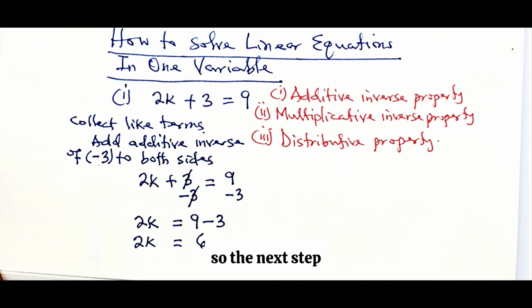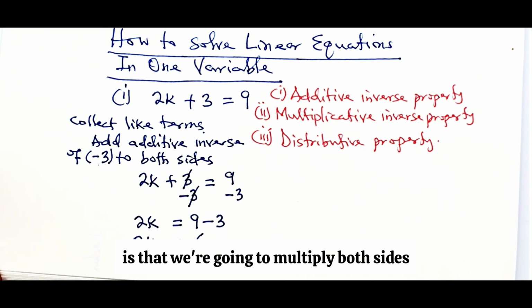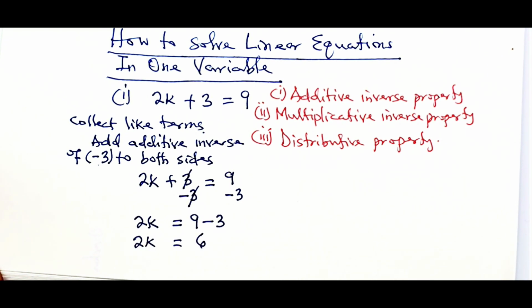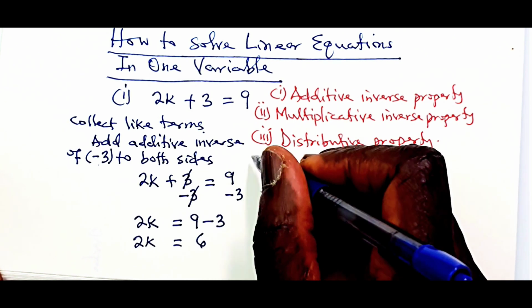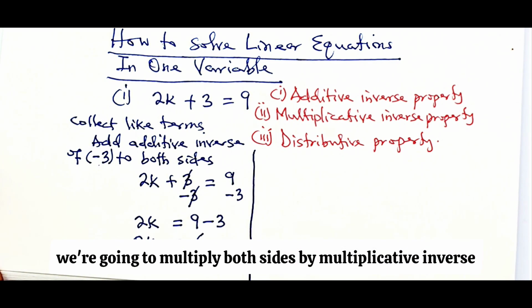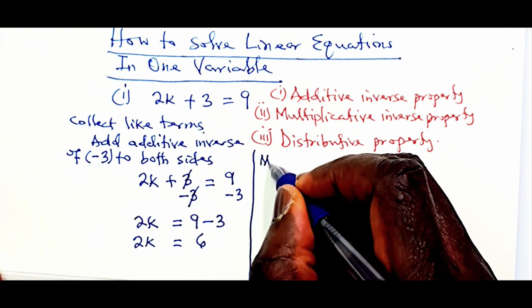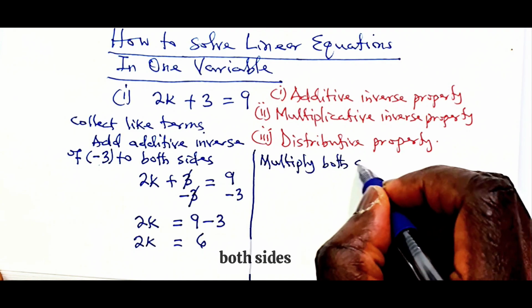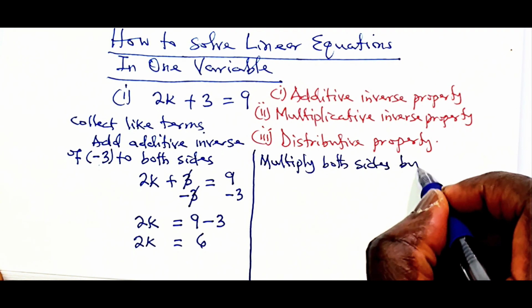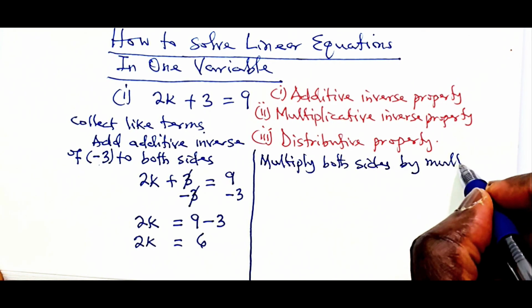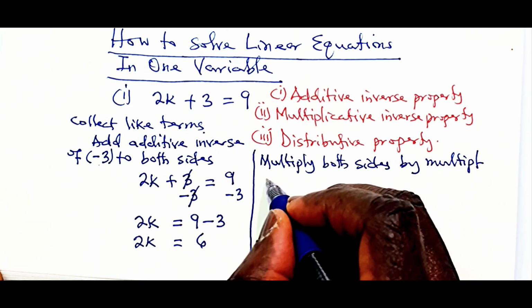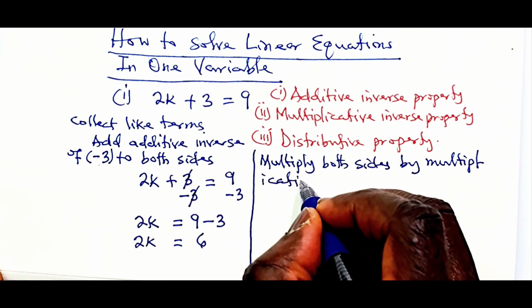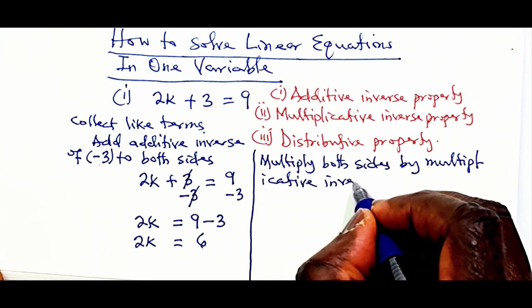So the next step is that we're going to multiply both sides by the multiplicative inverse.